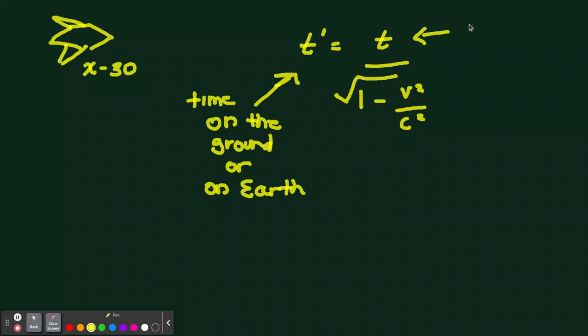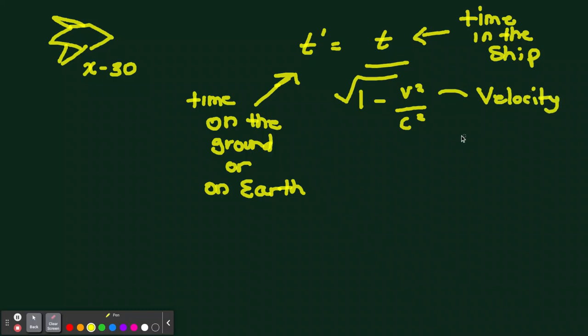T will be the time in the ship, the time in the X30. V is velocity, how fast the ship is going. And we know c is the speed of light, which we said was 186,000 miles per second.